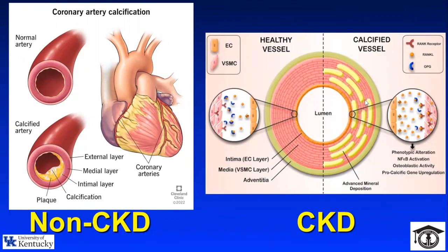But in CKD patients, it's completely different, because the lumen is patent and the calcification happens in the medial layer, the smooth muscle layer, which transforms to osteogenic-like cells with severe stiffness of the artery. So this artery is inelastic and cannot dilate whenever it needs more blood supply. It cannot compensate for increased demand of oxygen and blood.